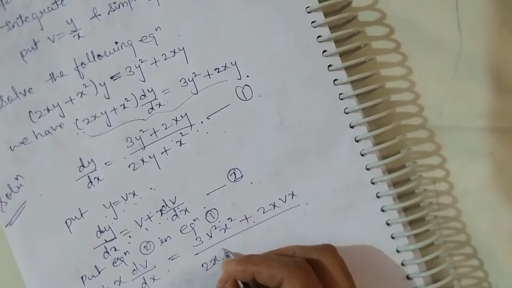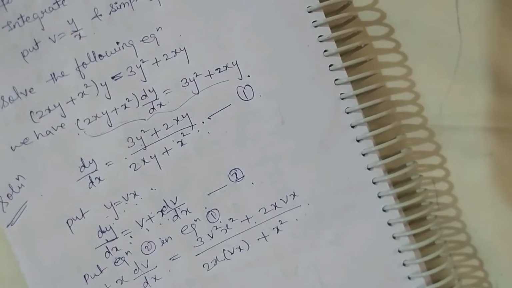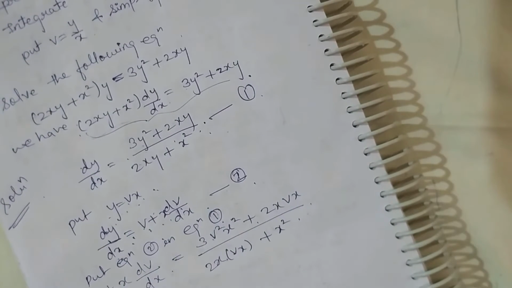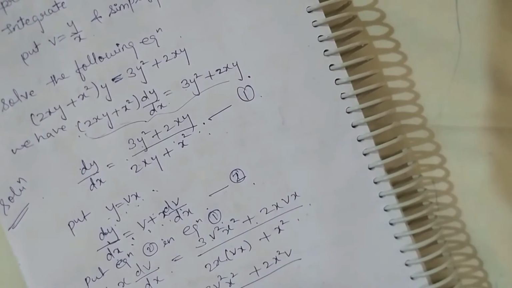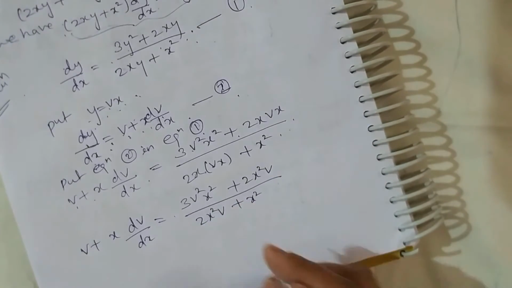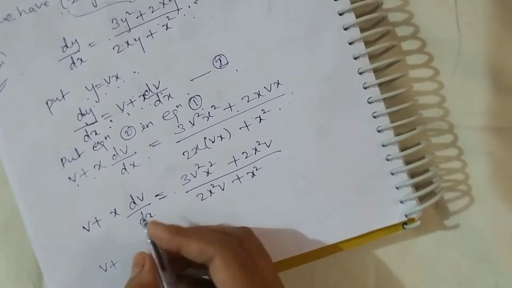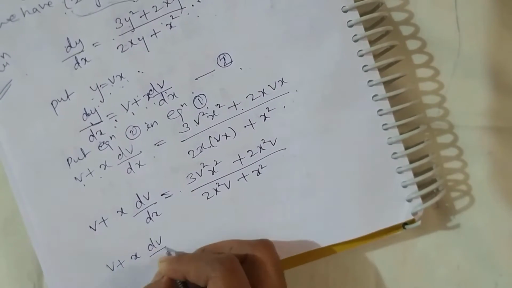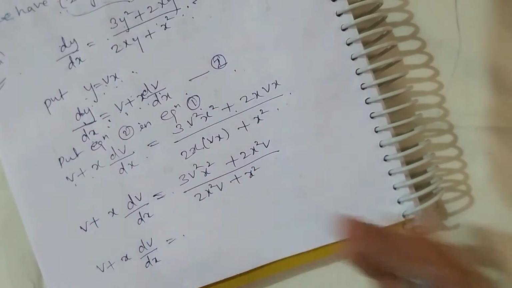Y is vx. Therefore, the required term we get is this.